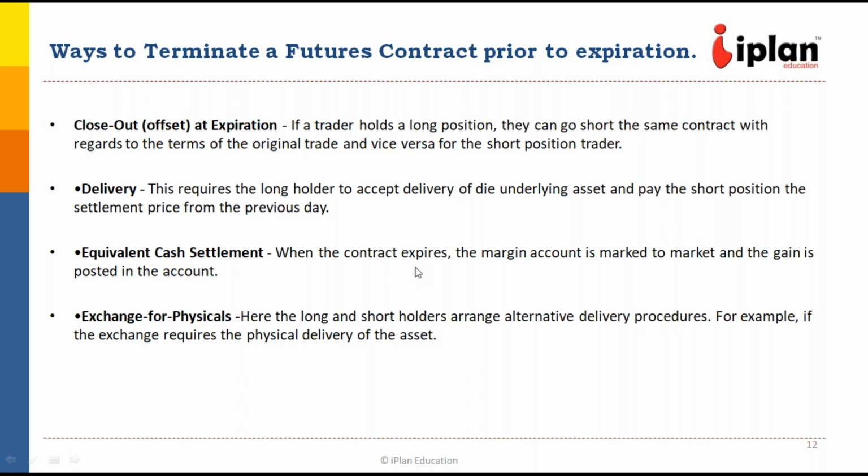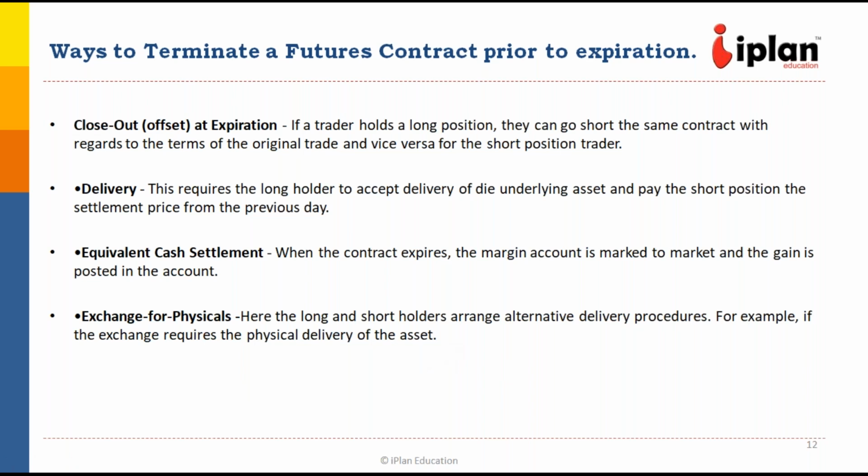And the fourth point is exchange for physical. Exchange for physical means here the long and short holders arrange an alternative delivery procedure. For example, if the exchange requires the physical delivery of the asset, which means you are buying, taking delivery, and quite possibly the exchange says that you need to deliver to close your position.